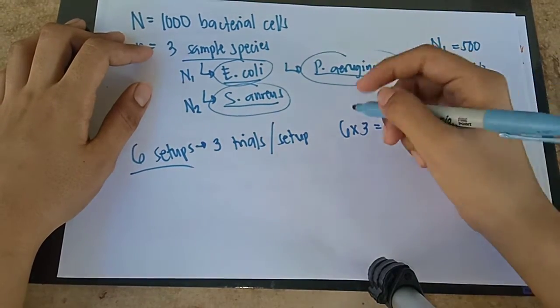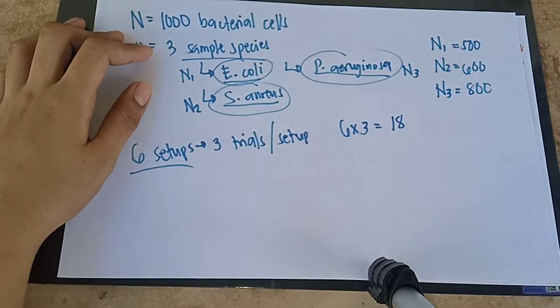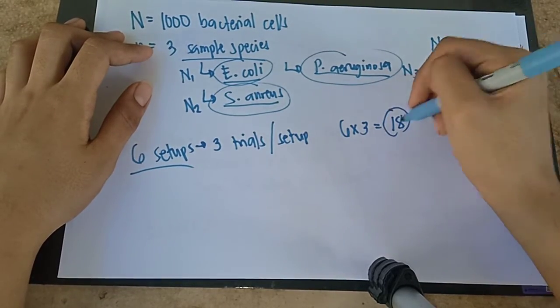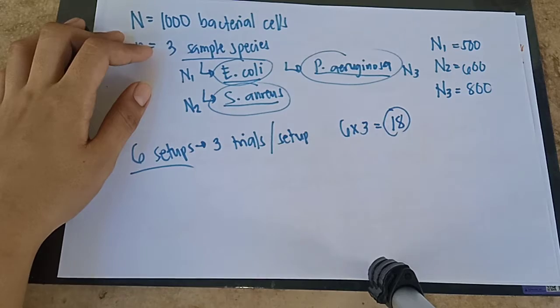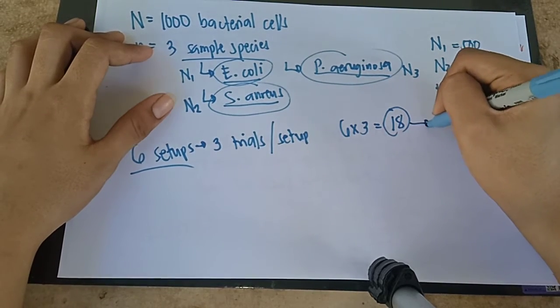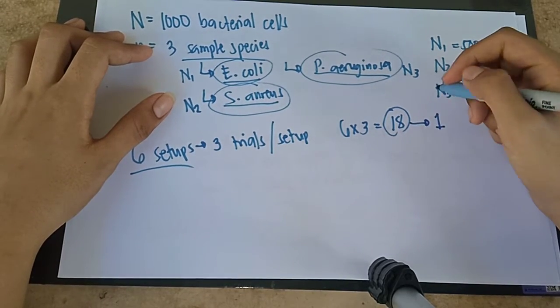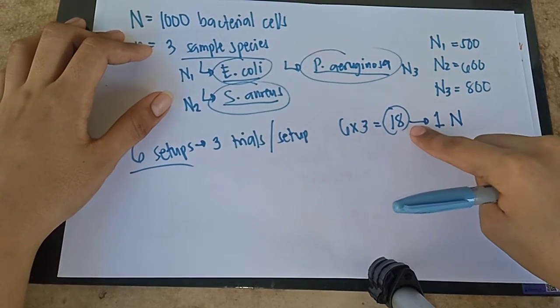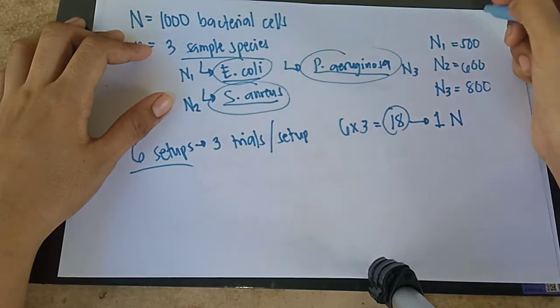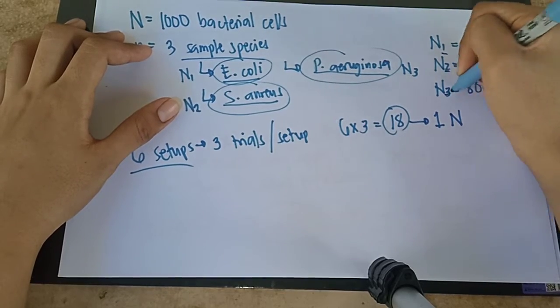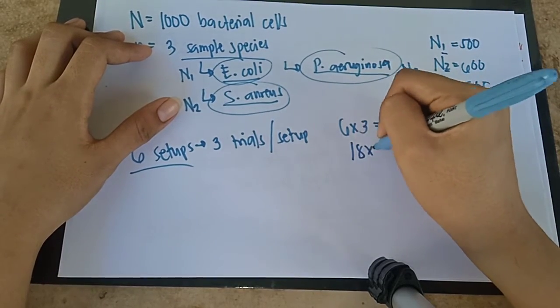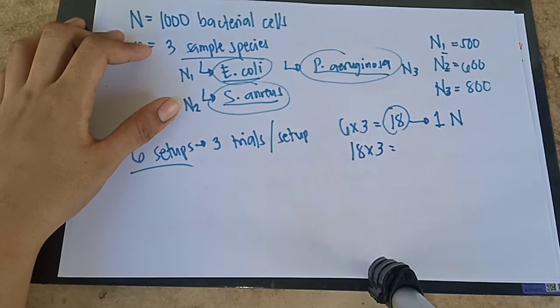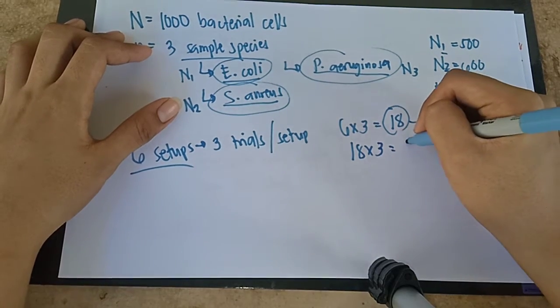We have 18. However, this 18 only applies to 1 population. So how many populations do we have? We have 3 populations. So 18 times 3, we have 54.